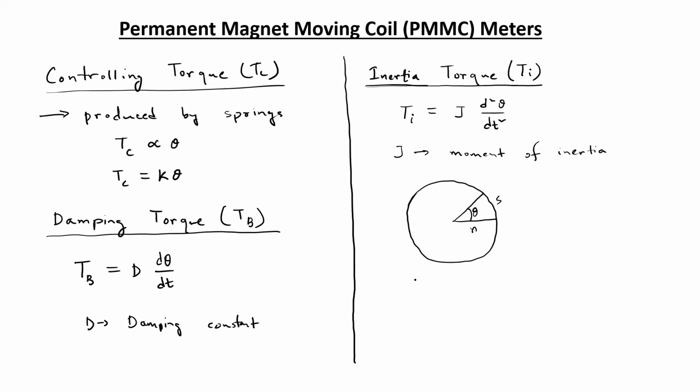So that arc length s can be represented as the multiplication of r into theta.